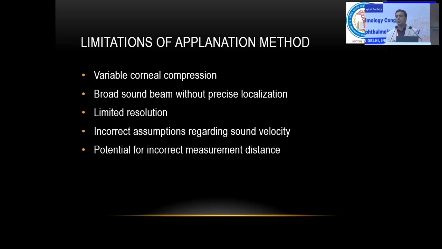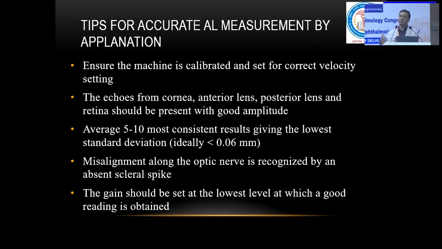Now, applanation biometry more or less has become obsolete. But still in some far-flung areas, optical biometer is a dream, and we would advise them to go for immersion. If you have only an applanation device, then there are some tips for accurate axial length measurement.